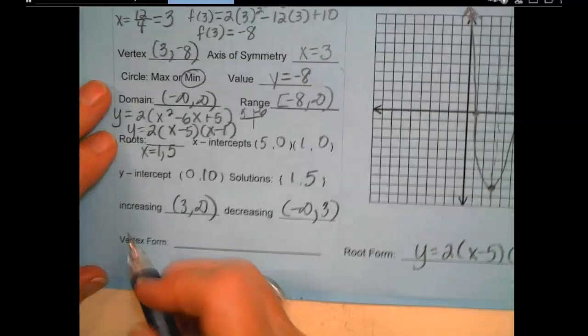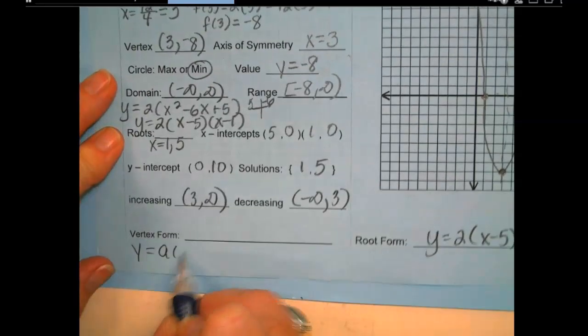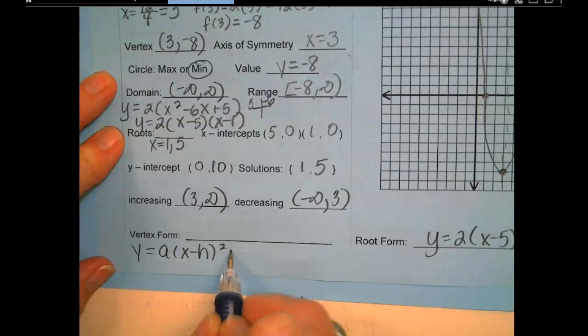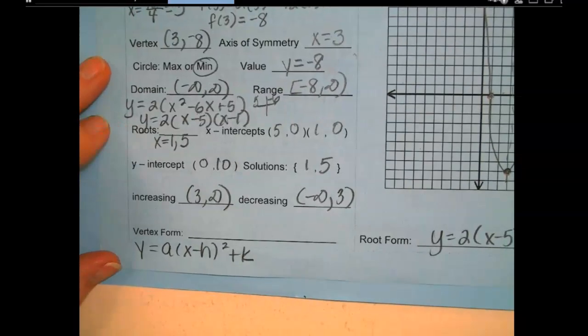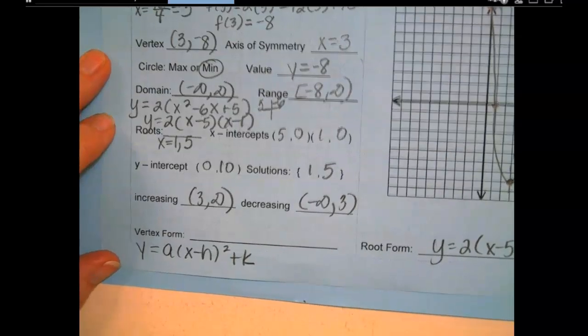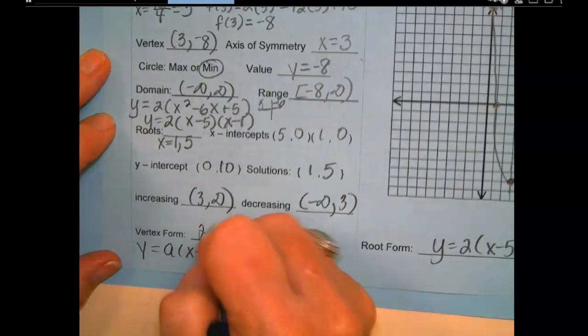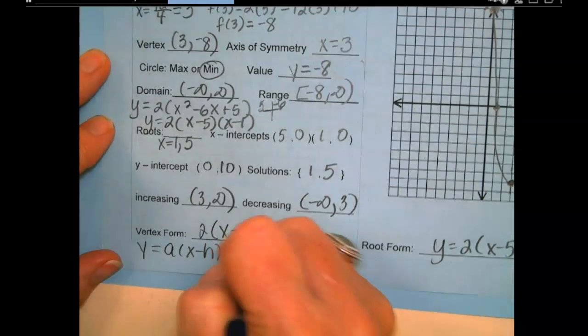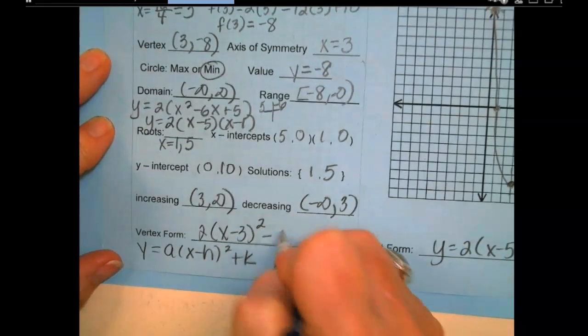Vertex form. This is our vertex form. What is my A value? 2. And then I'm going to do x minus 3 squared minus 8.